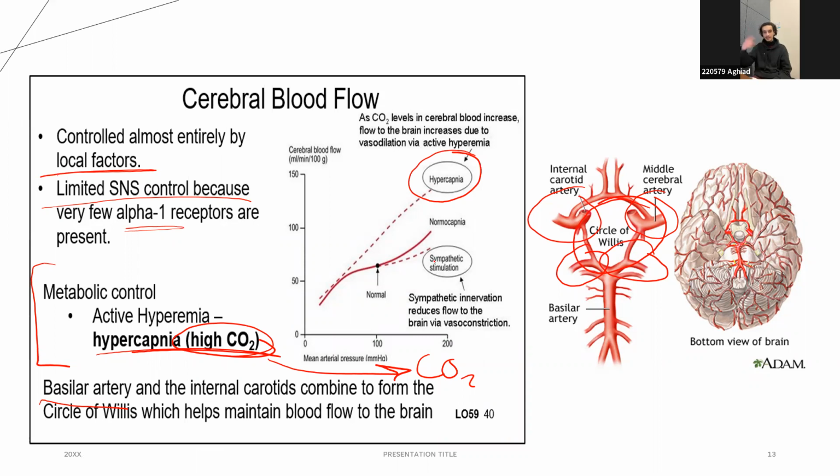You're getting lightheaded, but that's a totally different situation. You'll know more about it in the pulmonary section of this block. So I hope everything is clear. So far, so good.